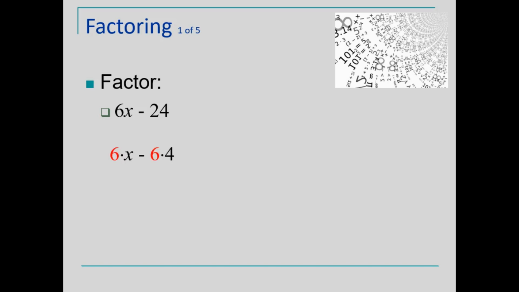Using the distributive law, we can factor the binomial into an equivalent expression of the product of the largest common factor and the remaining binomial after 6 has been factored or divided from each of the terms. To check the factored answer, we simply multiply to determine if we have an equivalent expression. 6 times x is 6x, 6 times negative 4 is negative 24.